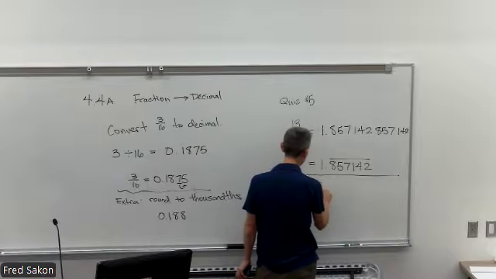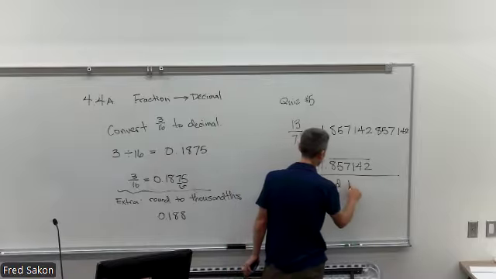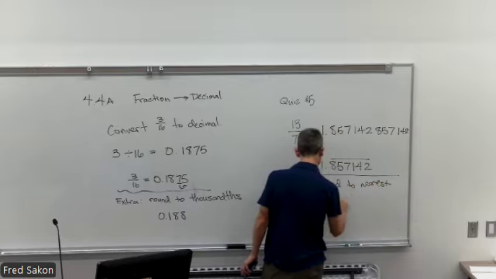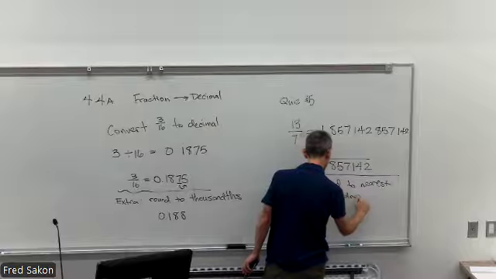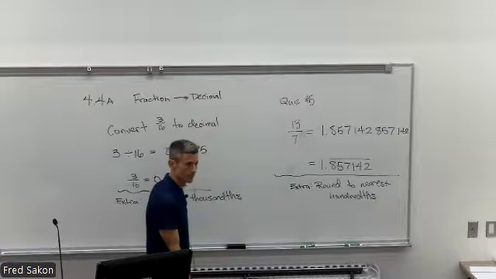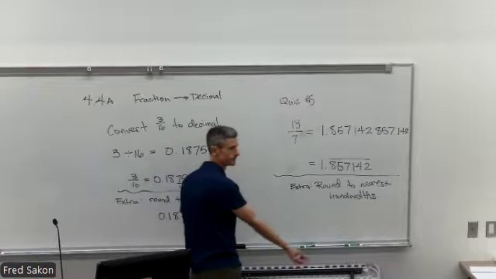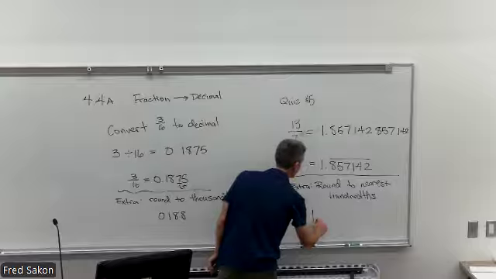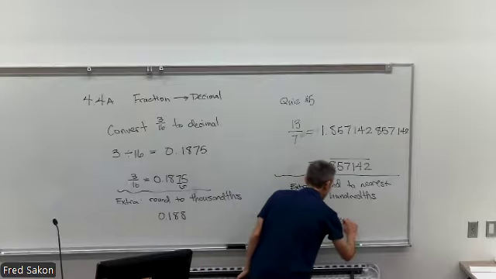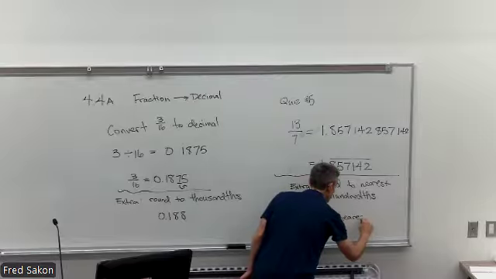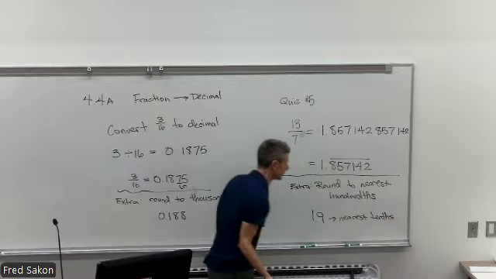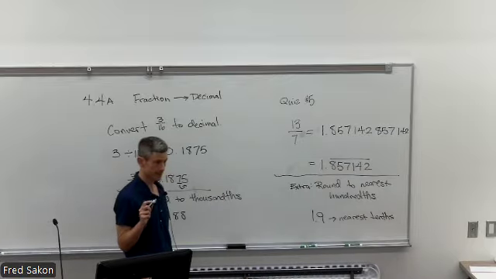So let's round to the nearest hundredth. 1.9 is the nearest tenth. We did nearest tenth perfectly.